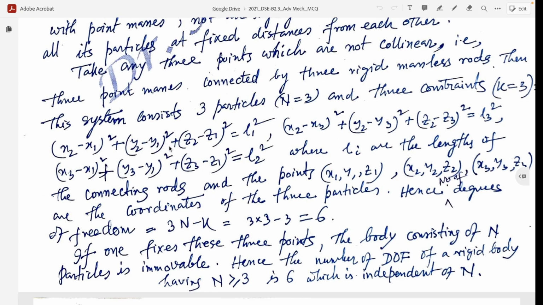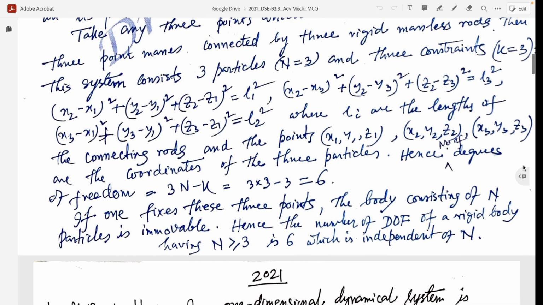So the first constraint equality gives the first and second particle distance squared, the second equality gives the second and third particle distance, and the third equality gives the third and first particle distance squared, where Li are the lengths of the connecting rods and the points x1, y1, z1, x2, y2, z2, x3, y3, z3 are the coordinates of the 3 particles.